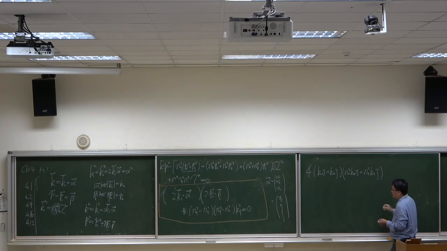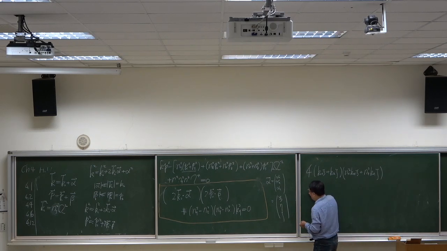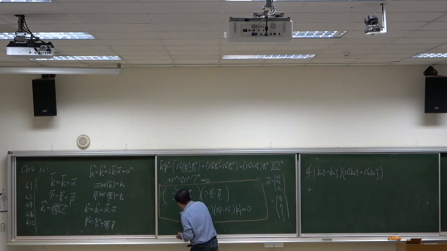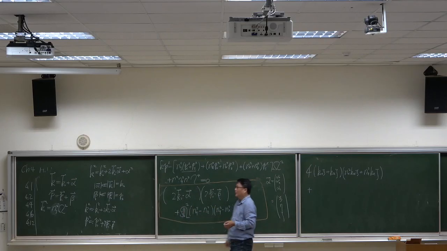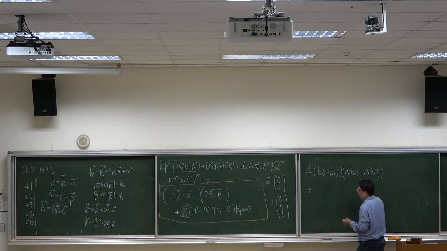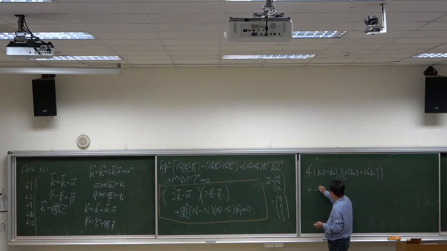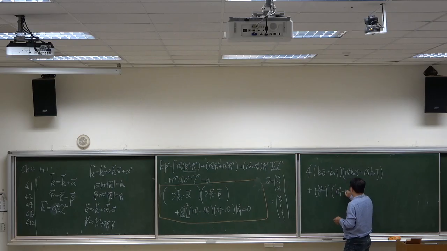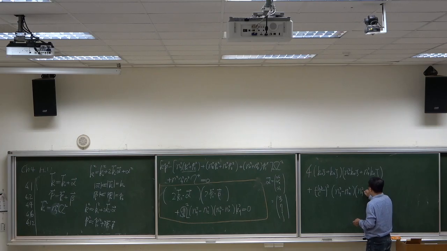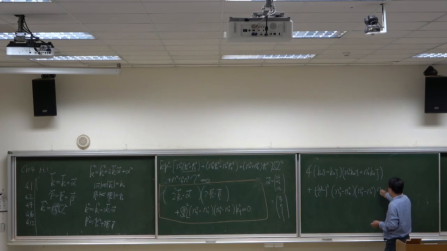Okay, and finally we have this. Sorry, here we have omega squared. Okay, we have this omega over c squared times ny squared minus nz squared, ny squared minus nx squared times eta squared equal to 0.